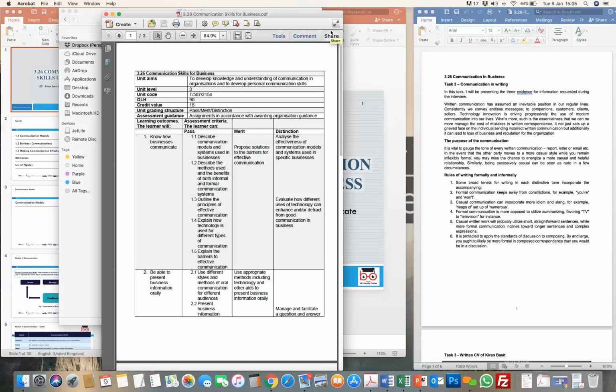Now, to begin this particular unit, the reason for undertaking this unit at level 3 is that when you study further, communication in general will become quite important. There are various ways in which you will end up studying this unit in the future.